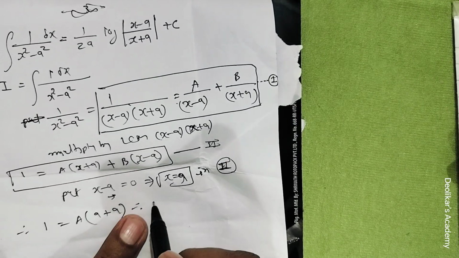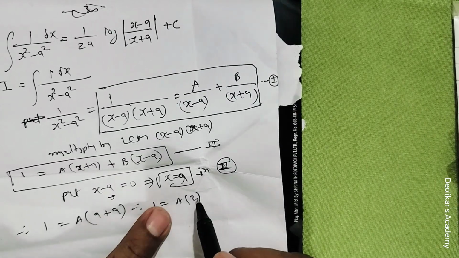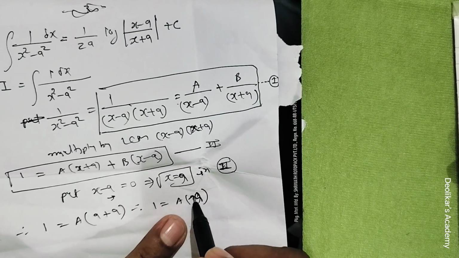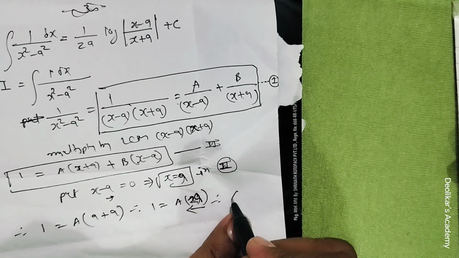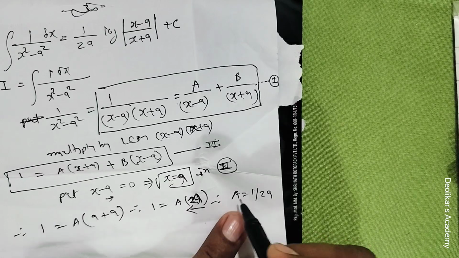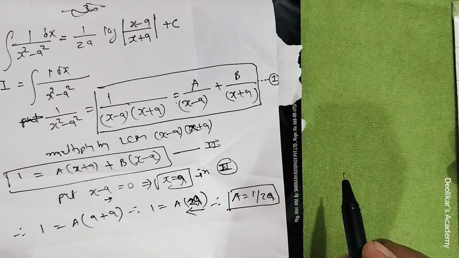Therefore 1 is equal to A into twice a. Bring this twice a there, therefore you will get A, that is 1 by 2a. Any doubt here? A is equal to 1 by 2a.